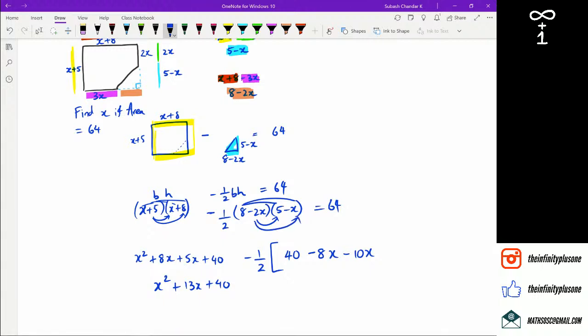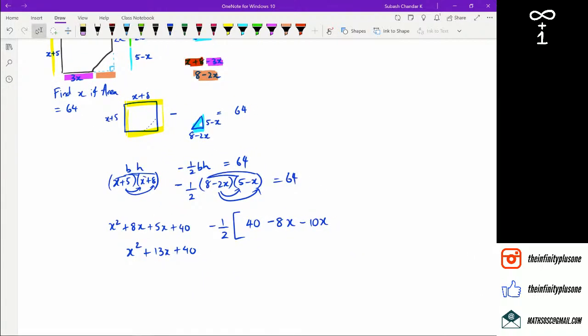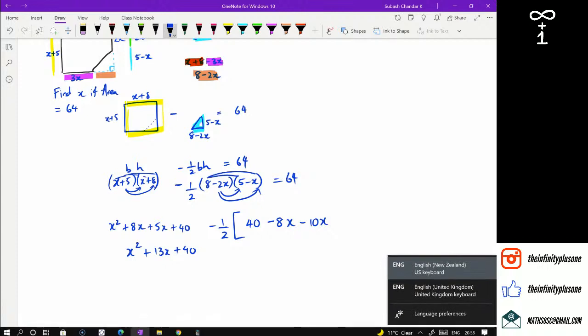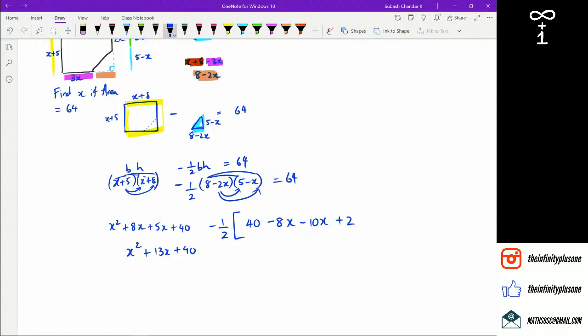And then finally, negative 2x times negative x, which is positive 2x squared. And all of that is equal to 64. So I've got x squared plus, let me just bring that down here.